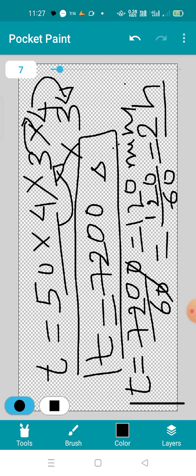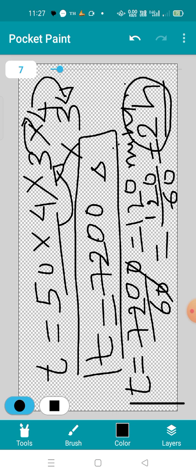Now this is one question. What is the other question? They have also asked what should be the speed of water so that the level of water rises to this height, that is 21 centimeters, in 1 hour. Let me display the question again for your reference.